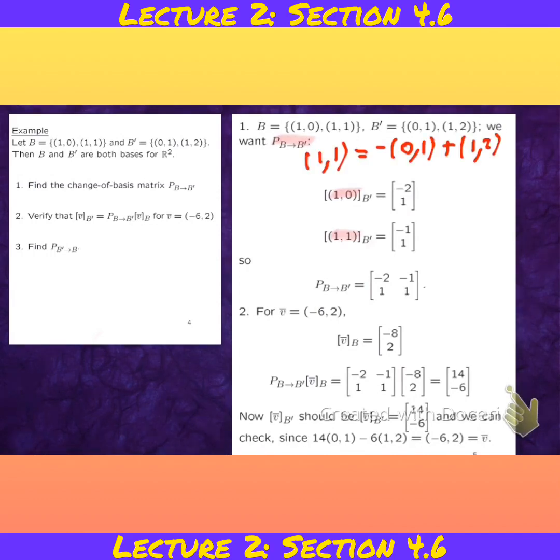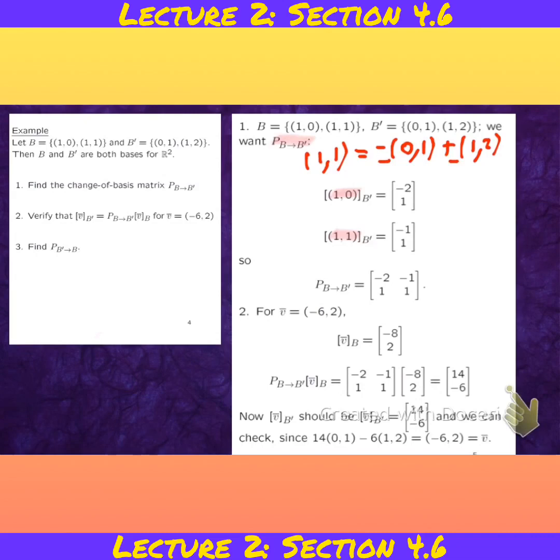Right, so next we take the vector (1, 1) and we write it as a linear combination of the vectors in B prime. And there we have the linear combination. Right, so having written down that linear combination, we can then read off our values for the coordinate vector, which is -1 and 1.